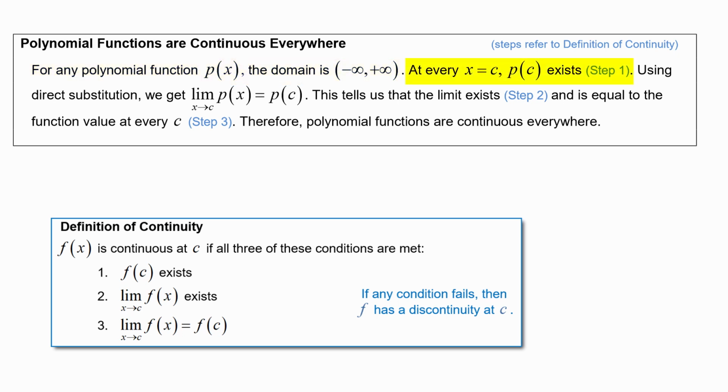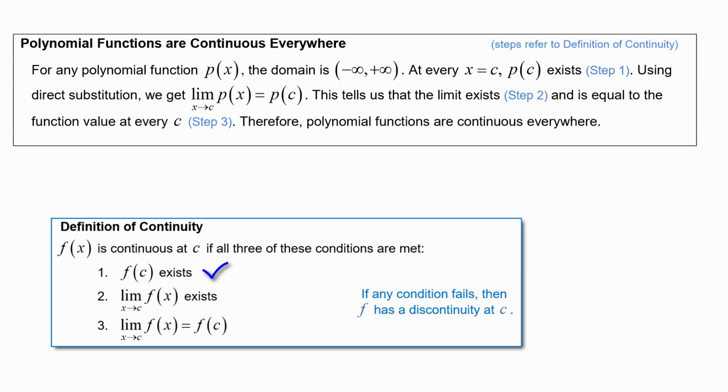At every x equals c, p of c will exist. Since the domain is all real numbers, we can plug in every possible value for x and it will result in a y value. That's why p of c will exist everywhere. So that satisfies step 1 of the definition of continuity for all real numbers.